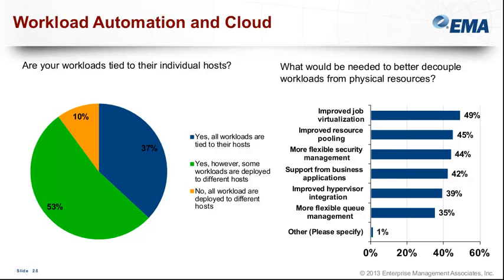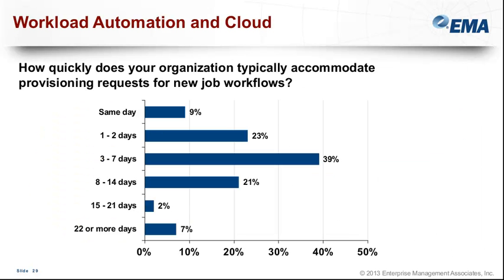And when we ask what companies would need to decouple workloads from physical hosts, you can see the responses to the right. They basically want improved abstraction of job workflows from hosts, basically job virtualization, and better resource pooling on the supply side, virtualization on the demand and resource pooling on the supply side, and then security management and support of business applications are also factors there.